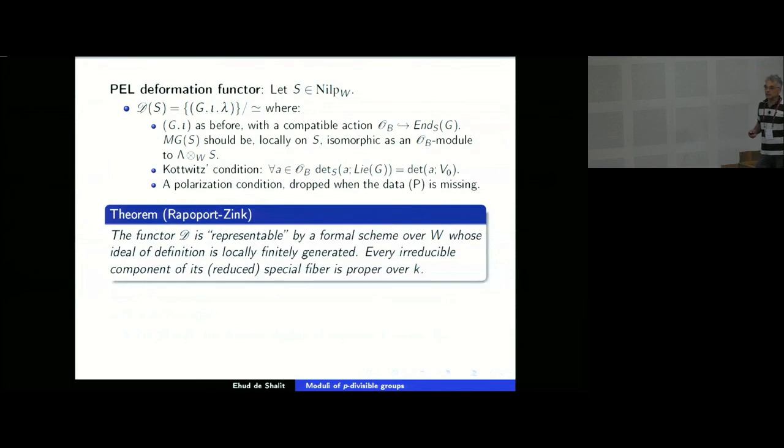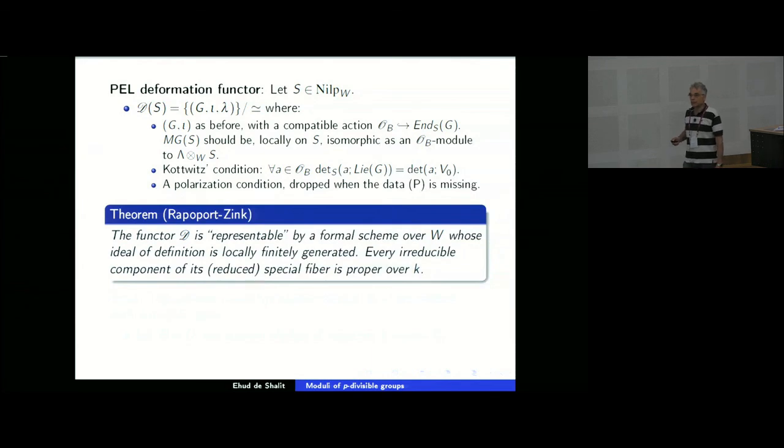But the important thing is that the G now should be not only a p-divisible group over S, but endowed with a compatible action of OB that is compatible with the iota and with the action that we gave on H0.